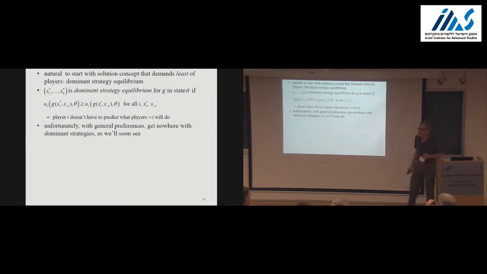I've just told you what the strength of dominant strategy equilibrium is. The downside, as we'll soon see, and as you probably already know, is that unless we make some restrictive assumptions about the set of possible preferences, we're not going to get very far with dominant strategies.